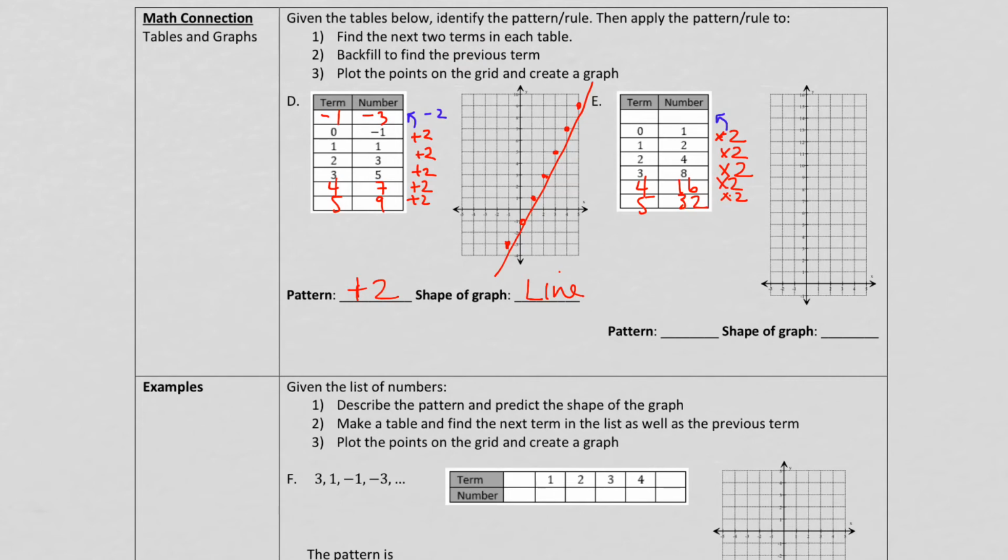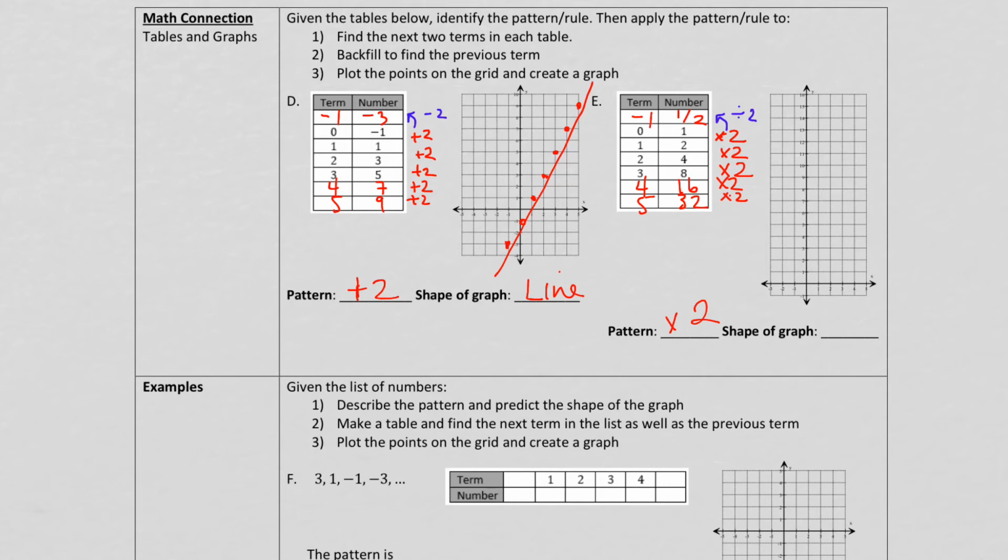So if I'm multiplying by 2 down the table, I'm going to divide by 2 to go in reverse. What's 1 divided by 2? If I cut 1 in half, I get half. So 1/2 is my negative first term. Again, the pattern was to multiply by 2.